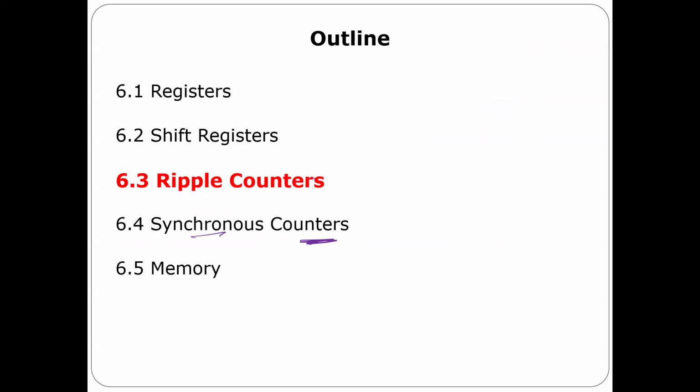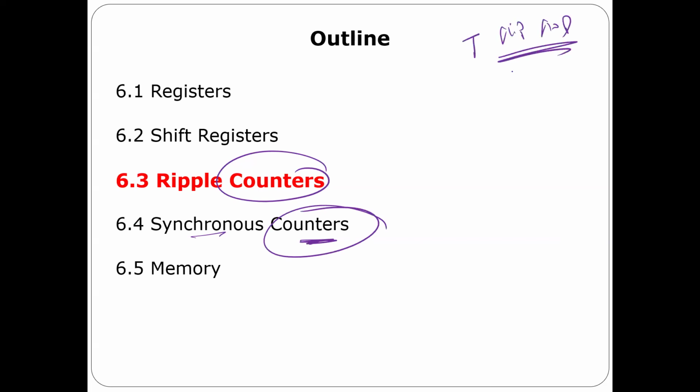Most of the time when we design counters, we like to use T flip-flop. This is why, as you will see right now: in counters, when you count, we have one of two cases. Either no change or you need to flip.